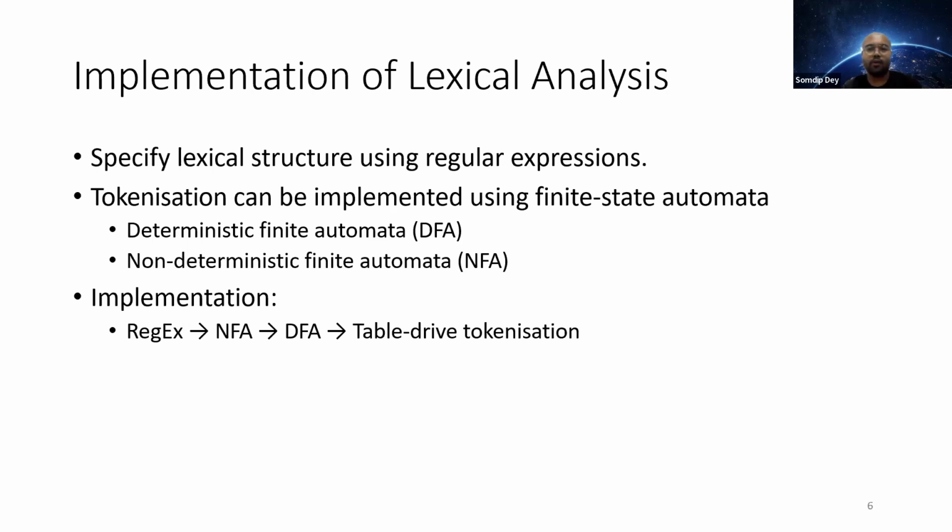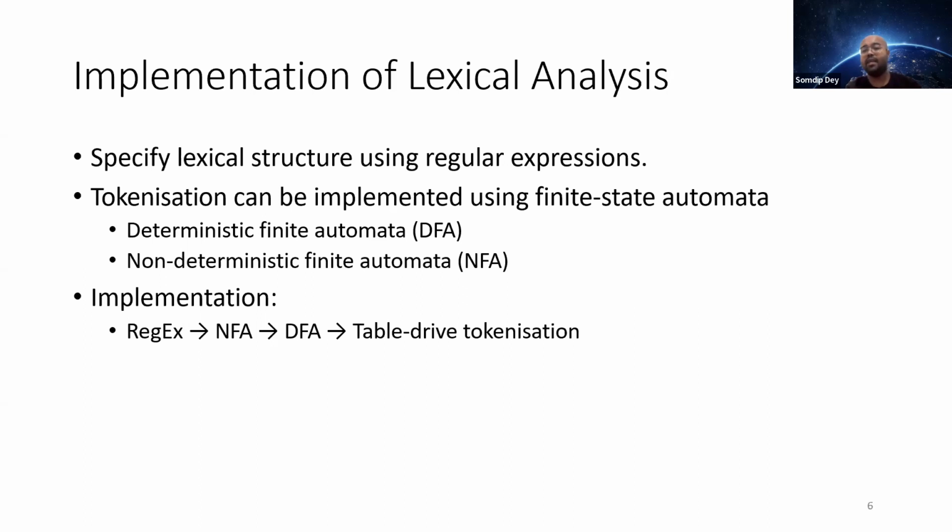It's very important in the step of lexical analysis. When we specify the lexical structure using regular expressions, which we have already learned in the previous lecture, tokenization can then be implemented using finite state automata.